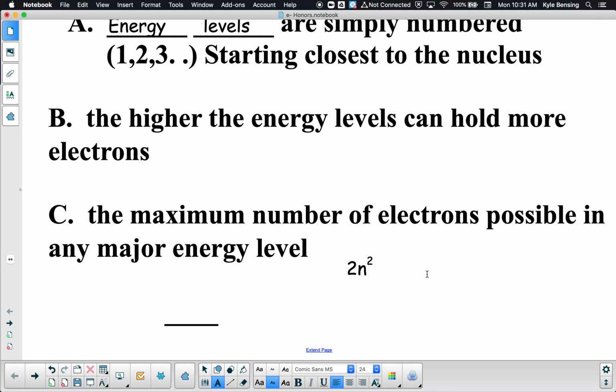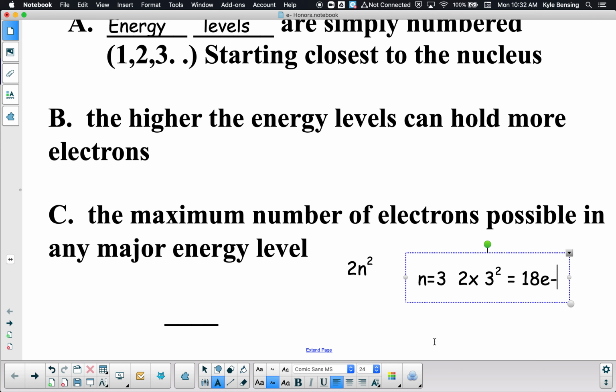So that means that if I have n equals 3, then 2 times 3 squared equals 18 electrons.